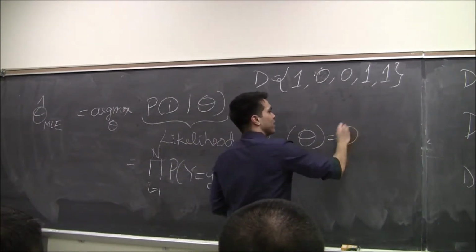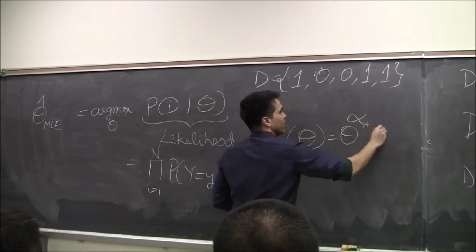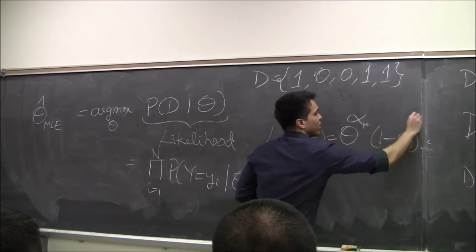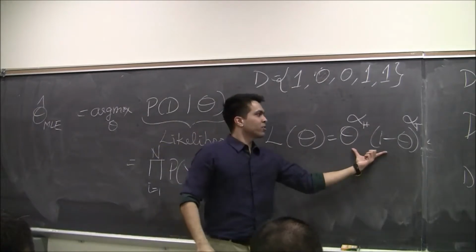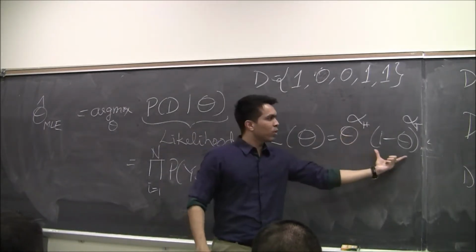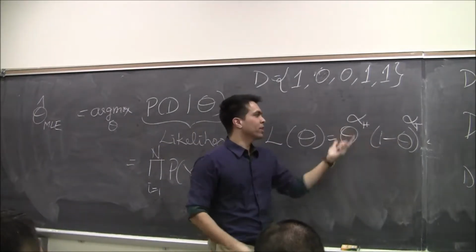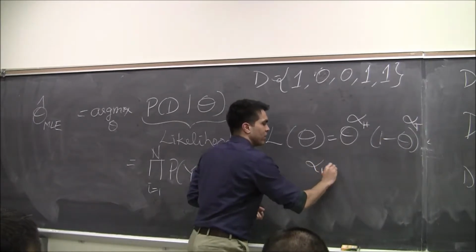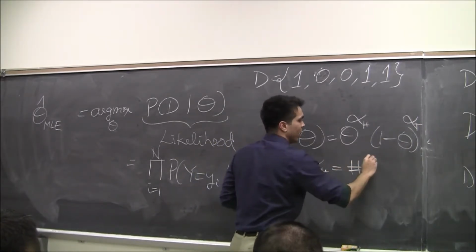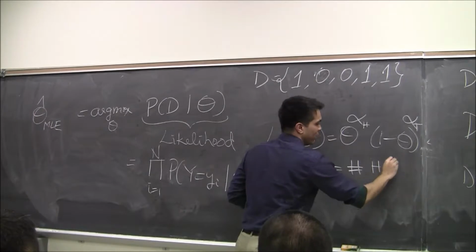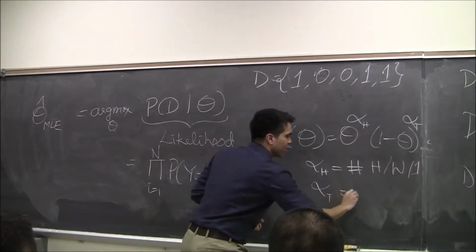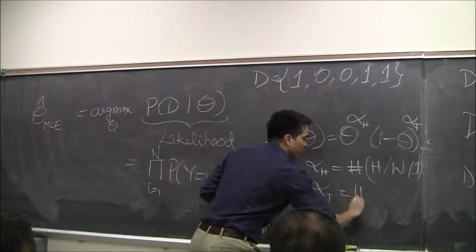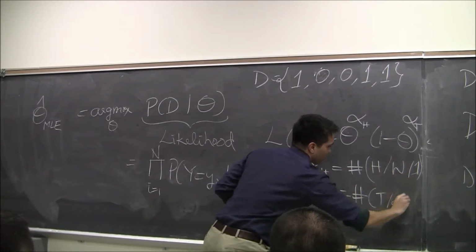Obviously, in the general case, this is my favorite kind of proof by ellipsis again. Turns out to be theta to the alpha heads times 1 minus theta to the alpha tails, where alpha heads is just the number of heads or wins or ones, and alpha tails is the number of tails or losses or zeros.